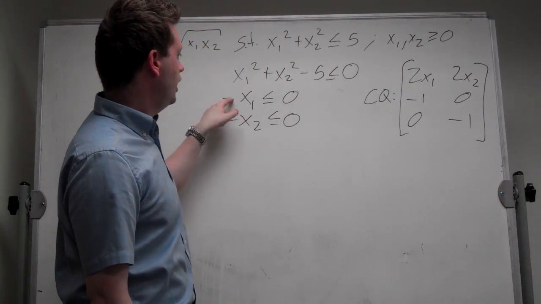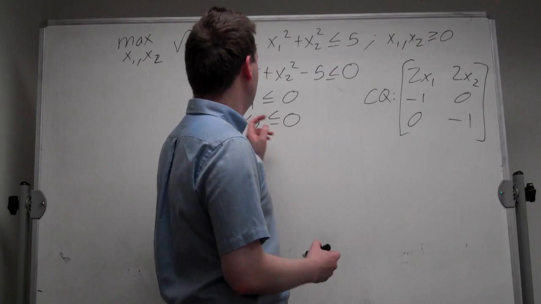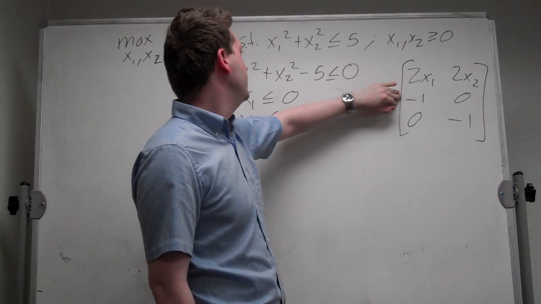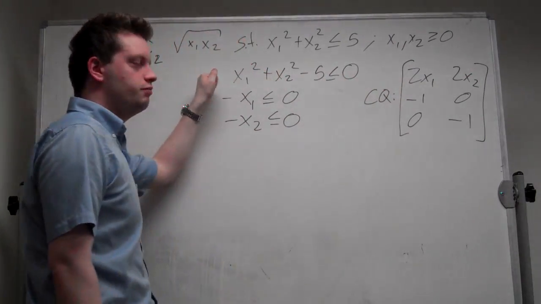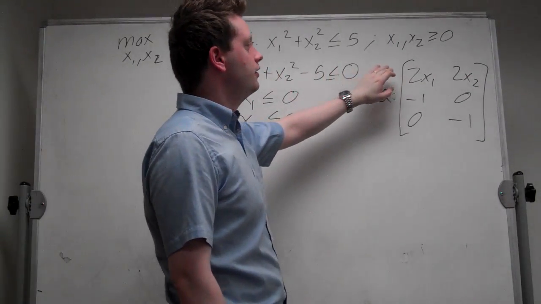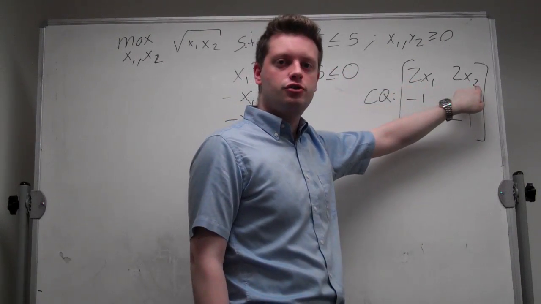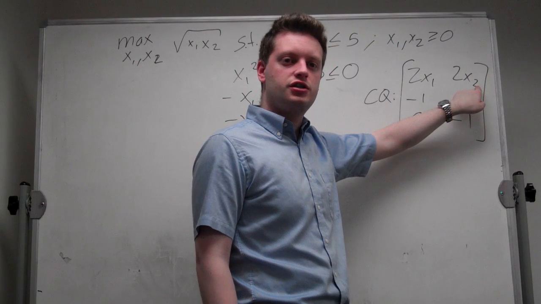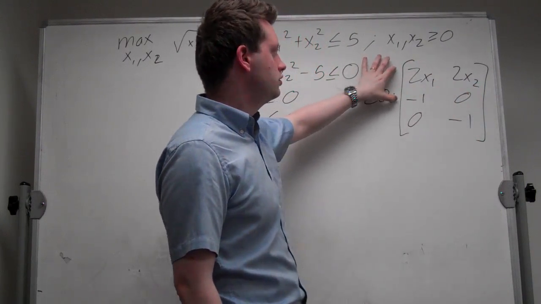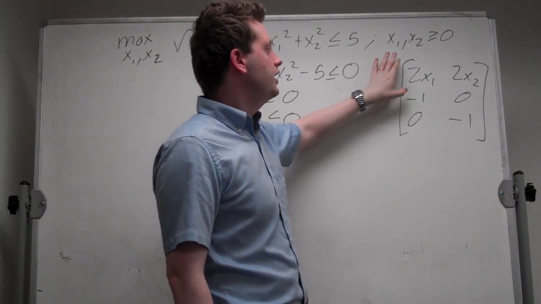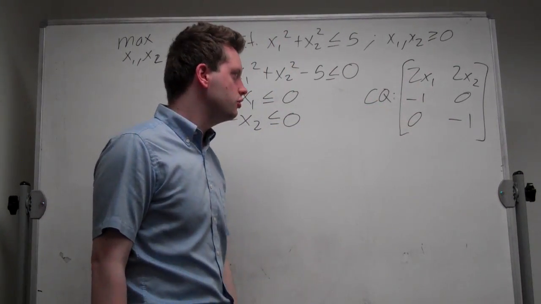Now, if x1 is 0, we have this middle vector that we need to look at. And if the top one is binding, then we will have 0 and 2x2. And x2 is greater than 0. So these two vectors will span R2, and the constraint qualification is satisfied too.